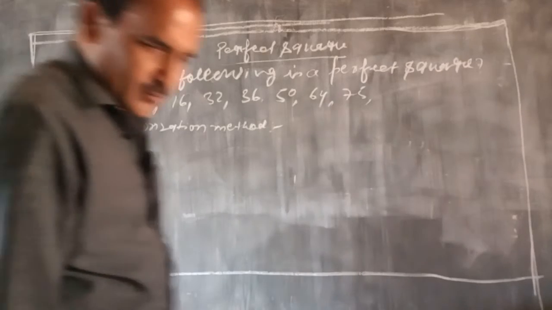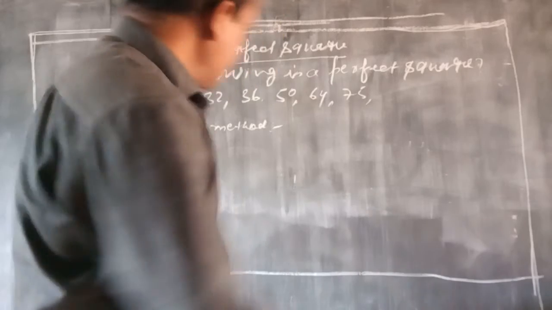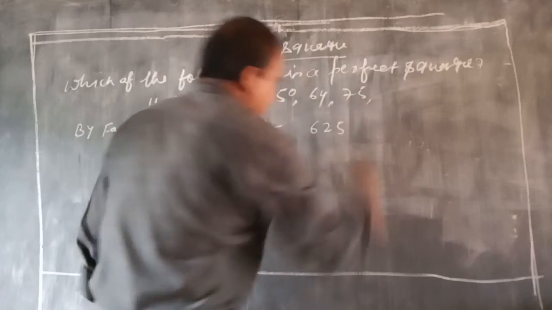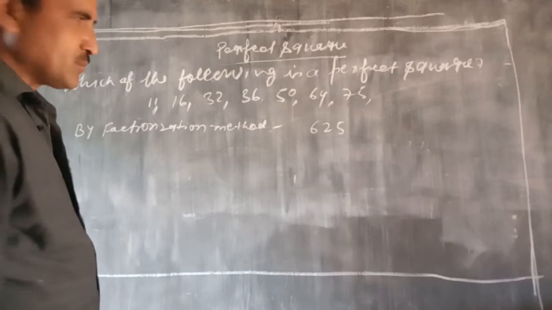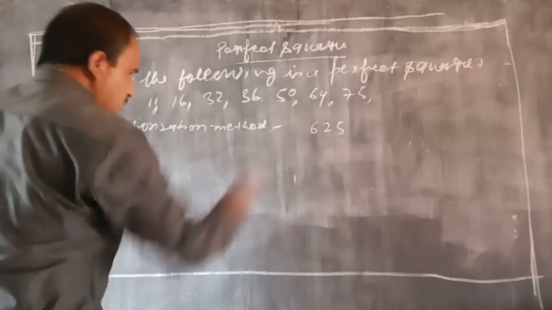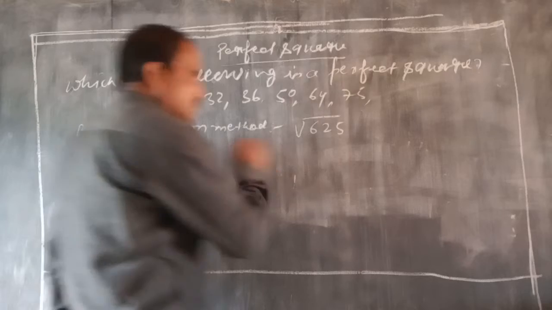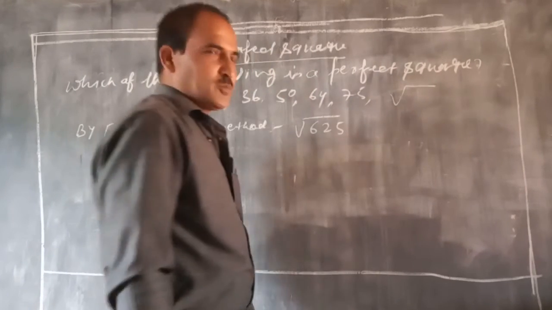For example, 625: you are going to find the square root of that number. This is the sign of a root.